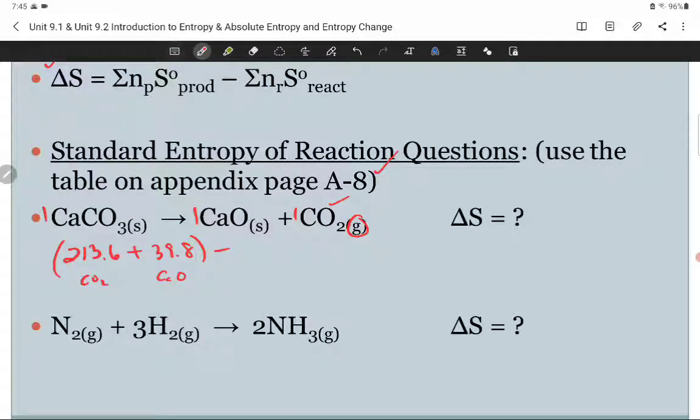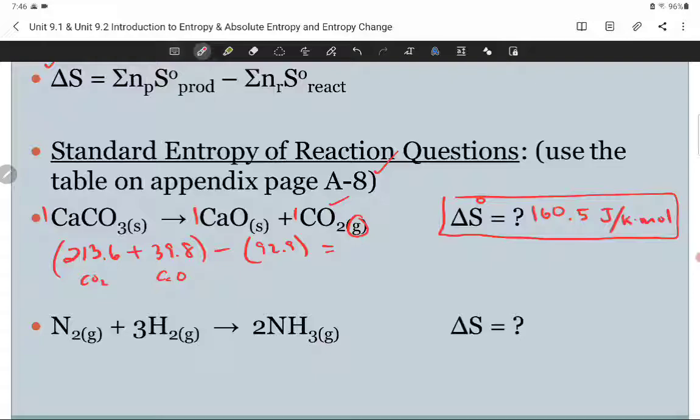We need the calcium carbonate number, and that is 92.9. So when we do that math, we get a delta S, by the way, standard, of 160.5, and the units that went with that in the book that go with entropy are these. Let me rewrite that again. 160.5.